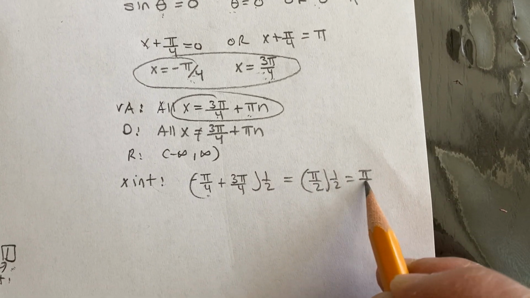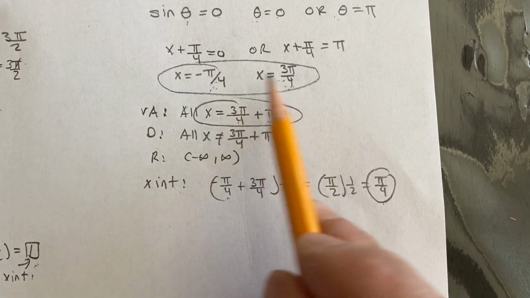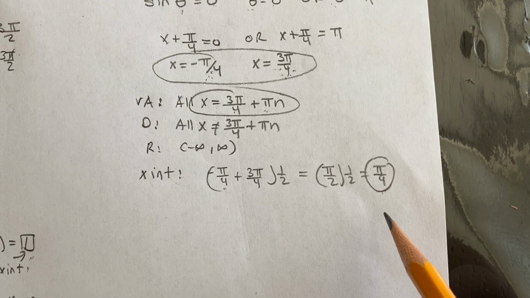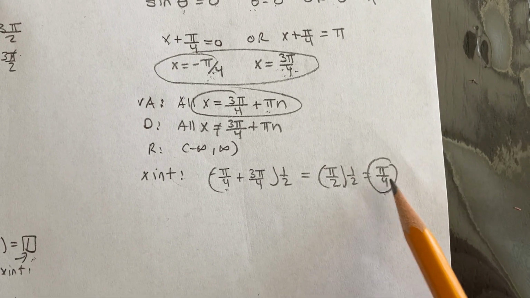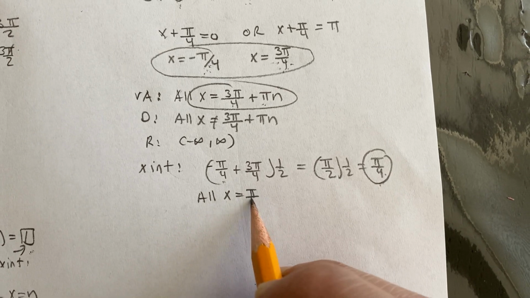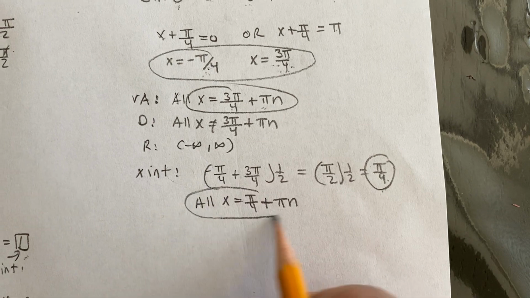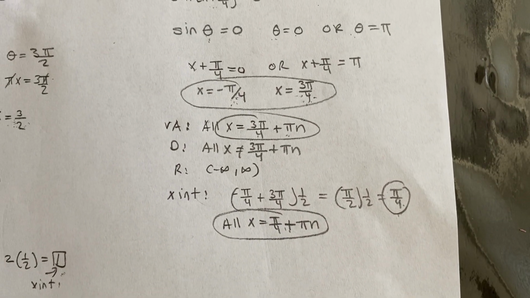My first x-intercept is going to be pi over 4. And how'd you get that? I calculated the midpoint between these two. That's just the way these cotangent and tangent functions work. So this is my first one. And I could say all x is equal to pi over 4 plus whatever the period is. The period, of course, we said was pi. So this will be all the x-intercepts.